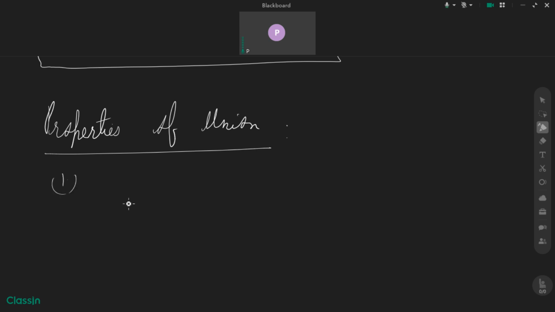The first property is that A union B is equal to B union A. If we take A union B and B union A, we'll always get the same set. This is the first property.